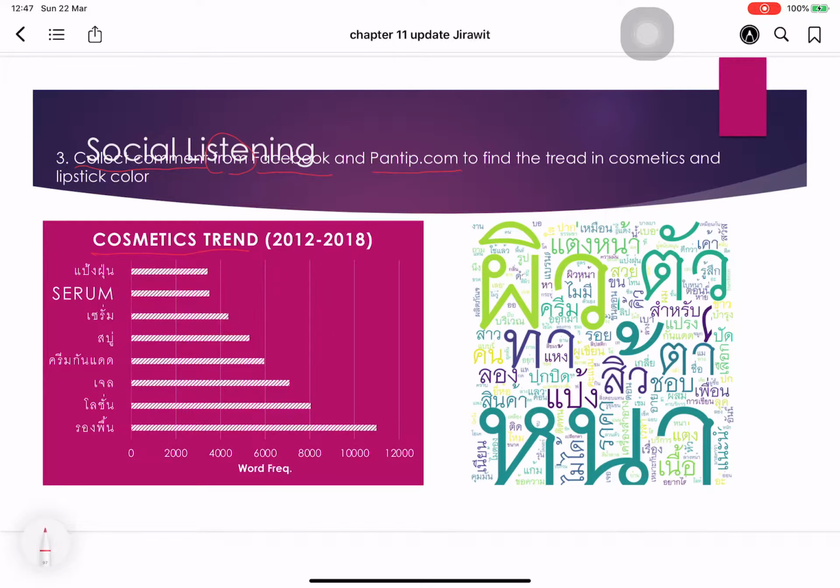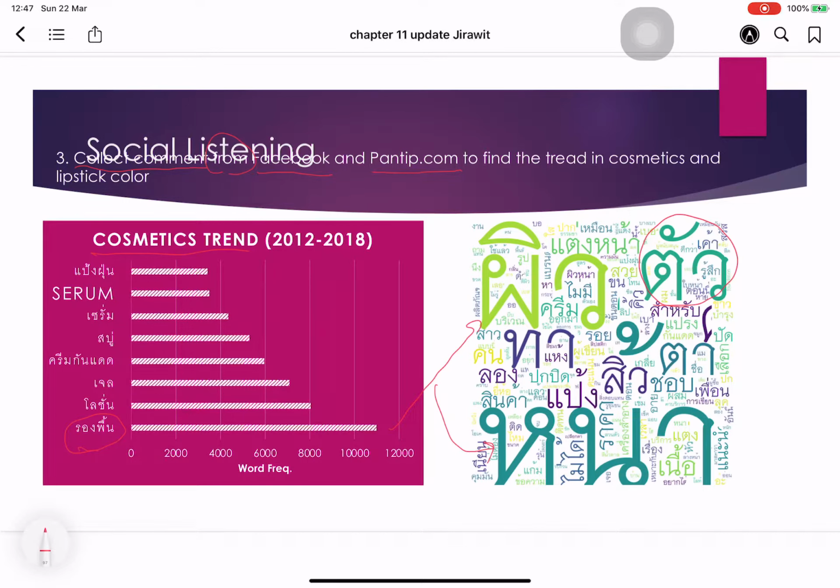The cosmetic comments talk about how to cover your face, to think about the skin and not to stick on your skin, and you can use it for your face and your body.